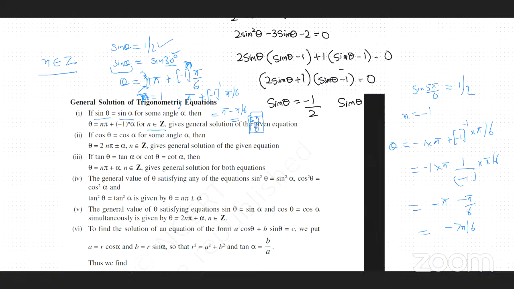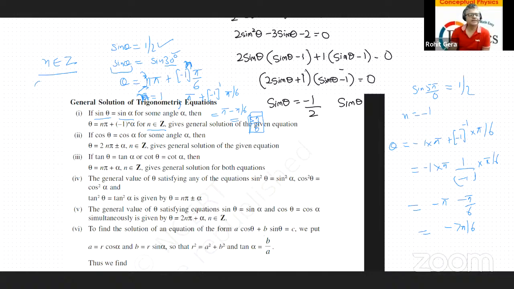So theta, what are those thetas where you can get sine theta is equal to half? This is the rule to be remembered, the general expression. Put the value of n on both these and you can find that theta. Infinite values, no limit. Okay, sir.